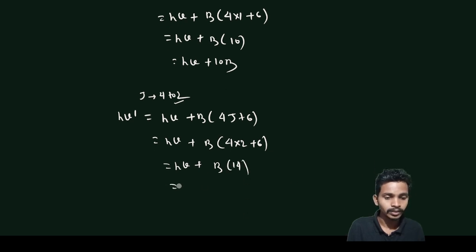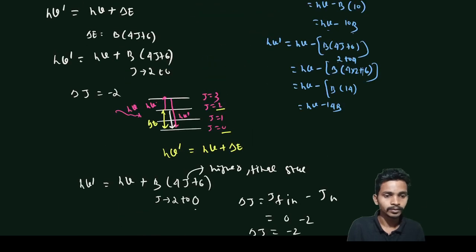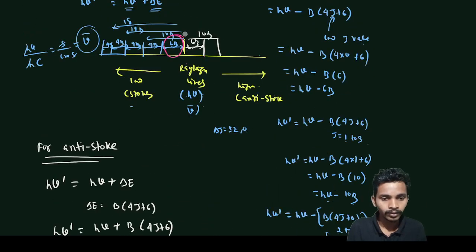So we get h nu plus 14b. Another line will be at 14b. So if this is 6b, then 10b, that means the spacing is 4b, and again you will get 4b, 4b.